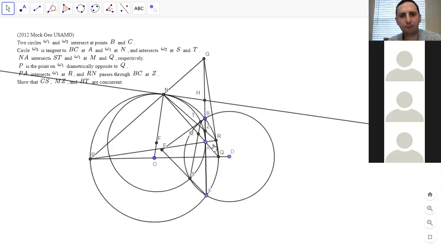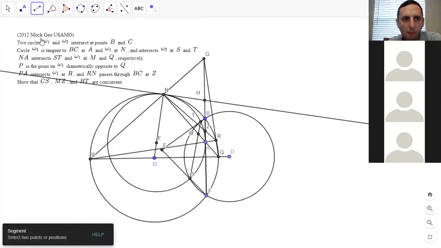Yeah, because if HR is tangent, so Z, B, C will be harmonic, and because HA is the tangent too, so H, T, M, S will be harmonic, right? So H, T, S and M would be collinear. Maybe we need to prove that.